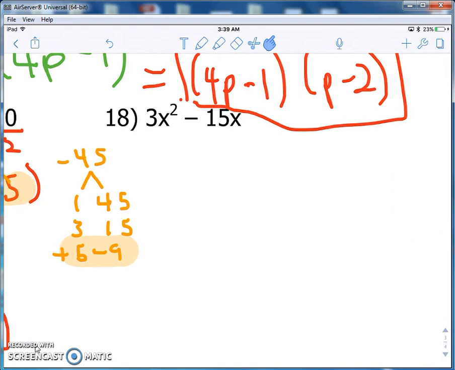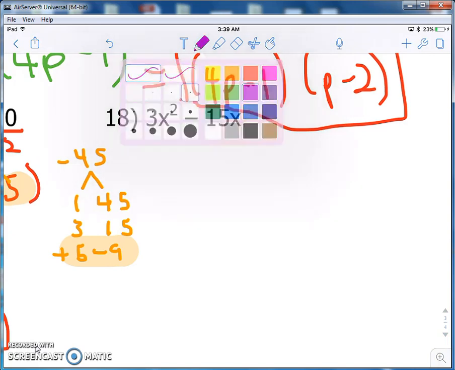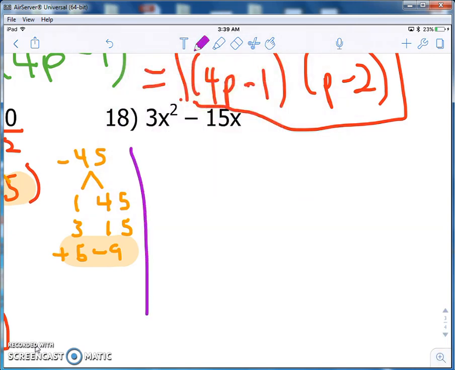Alright, let's go ahead and look at 18. We notice there aren't 3 terms. Then we think to ourselves, we should always think, is there a common factor? There is. If you don't think that first, with 2 terms, you should look for a difference of squares. But here they both have an x and they both have a 3. So the 3x comes out front.